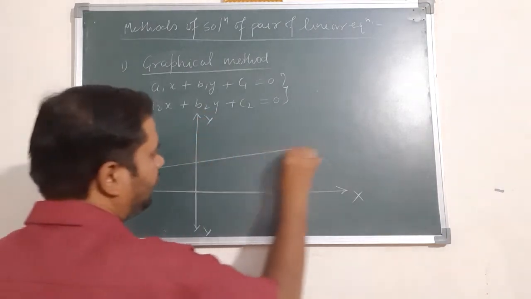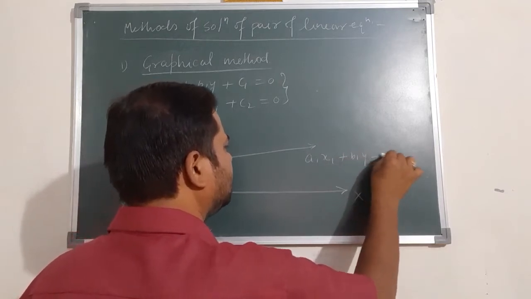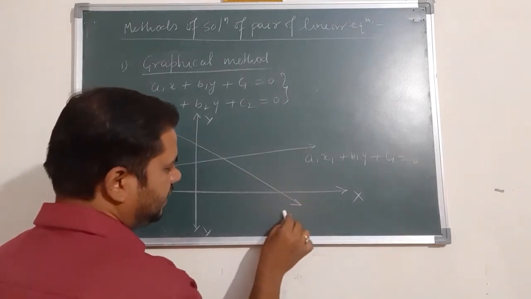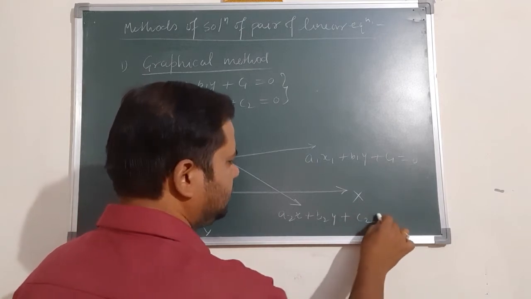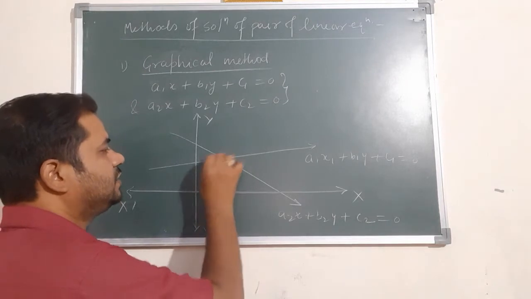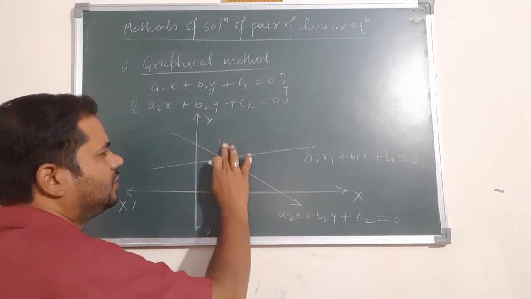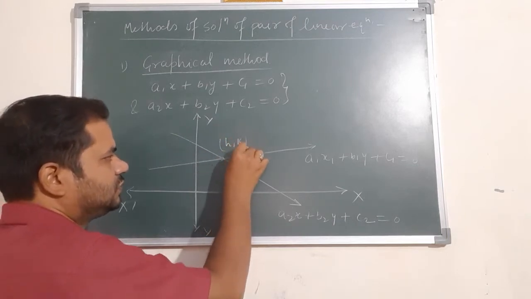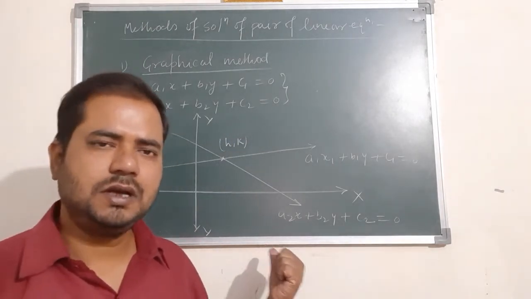Suppose this is the graph of the first, a1x plus b1y plus c1 equals 0, and this is the second, a2x plus b2y plus c2 equals 0. Make them intersect at the point, suppose h comma k. So this point h comma k is the solution of that pair of linear equation.